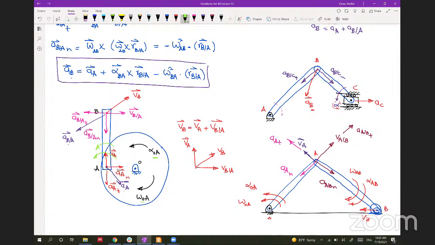It has a lot of vectors, so we'll need to do a lot of summations. I would encourage you to solve the main problem with vectors, because as you can see, it's very messy here. You will have to solve point A, and it has velocity, acceleration, tangent, normal, and also VA. So I would encourage you to use the vector form.